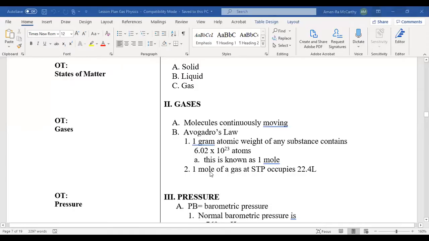And so now that you understand what a mole is, he's saying that 1 mole of gas at standard temperature pressure will occupy approximately 22.4 liters of space.